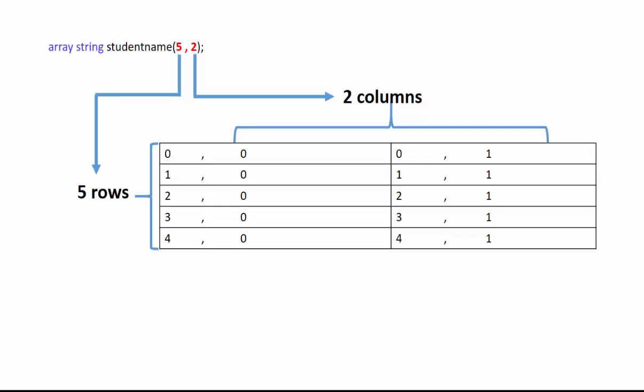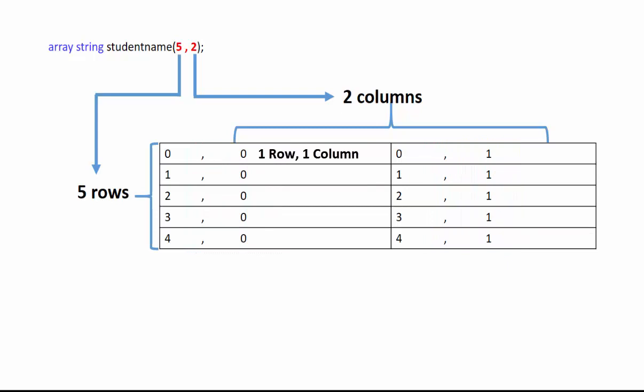As I previously stated, each row has its own index number, and in the case of a two-dimensional array, each row and column also has its own index number. These are row index numbers and these are column index numbers.